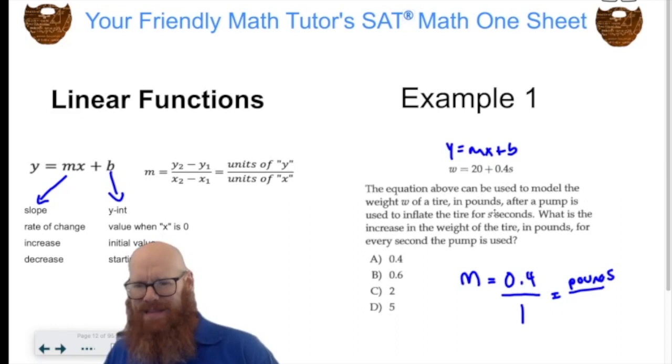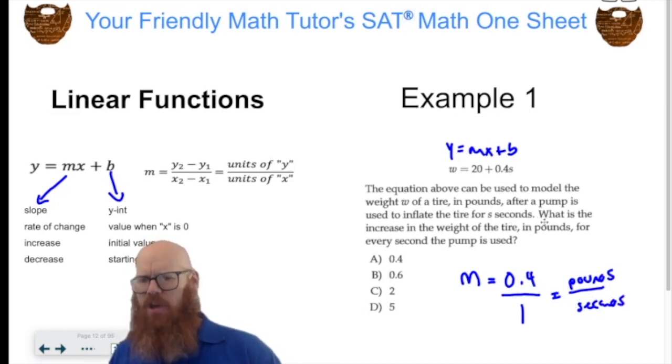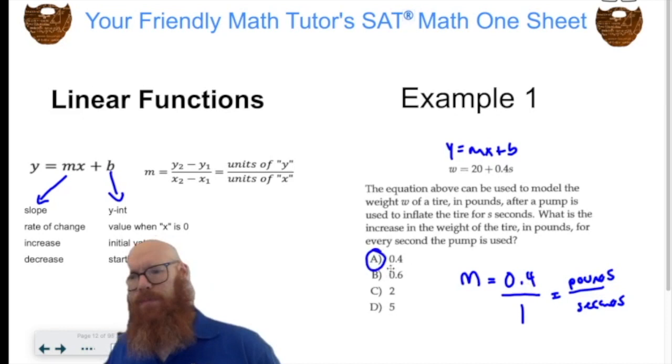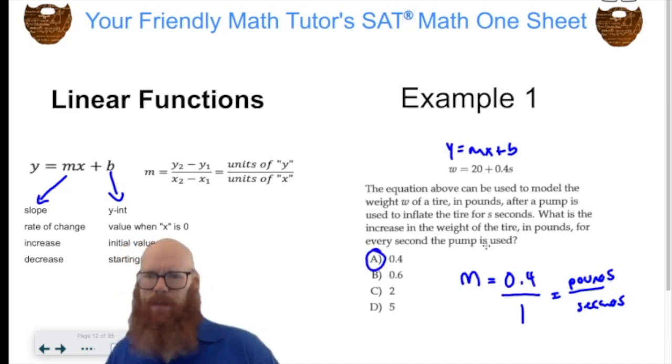Our s is like the x, and the units of s is seconds. So that means this is 0.4 pounds per second. When they ask what is the increase in the weight of the tire in pounds for every second, that's literally just asking for the slope. So the answer is 0.4 pounds per second.